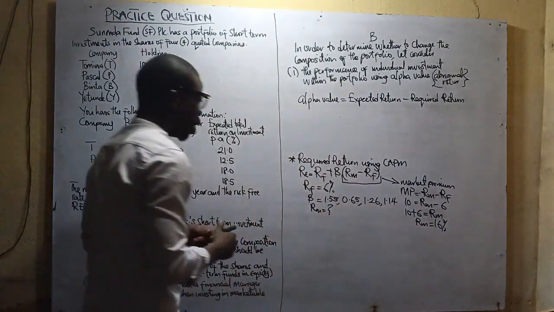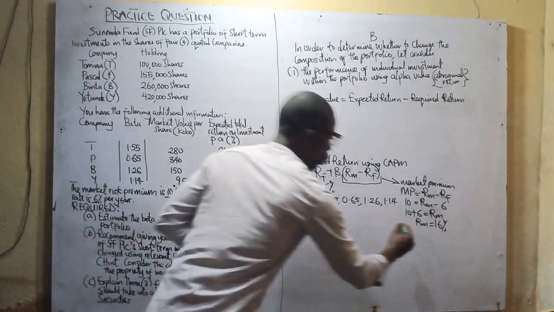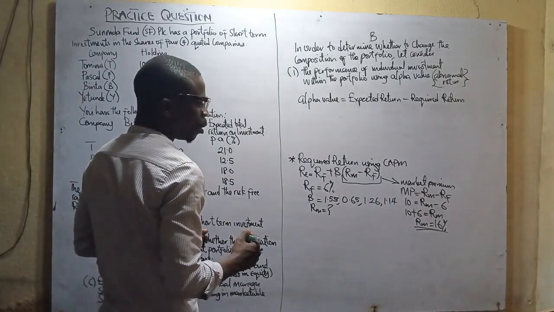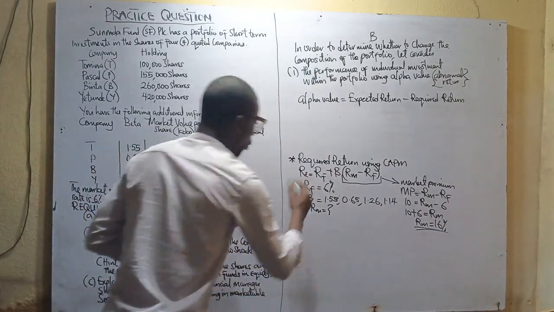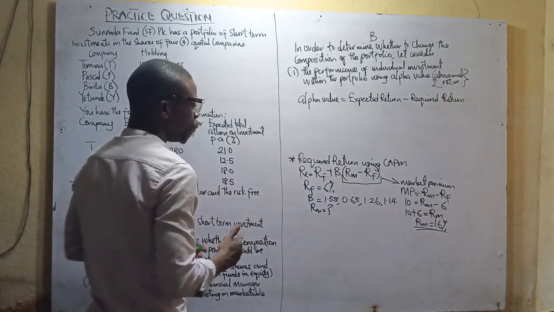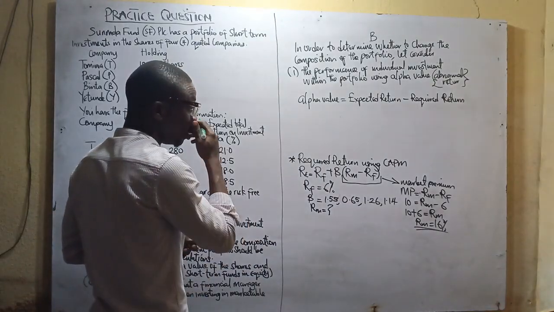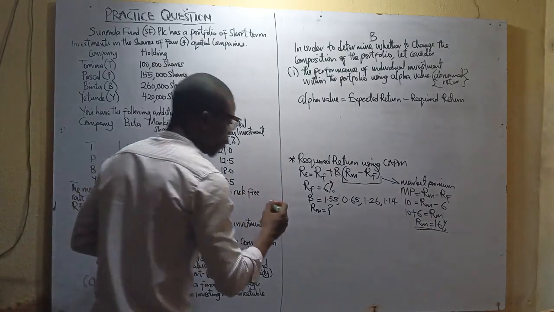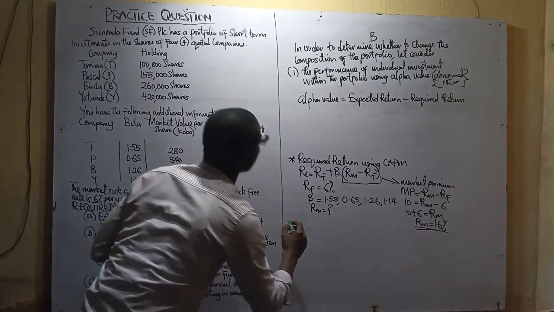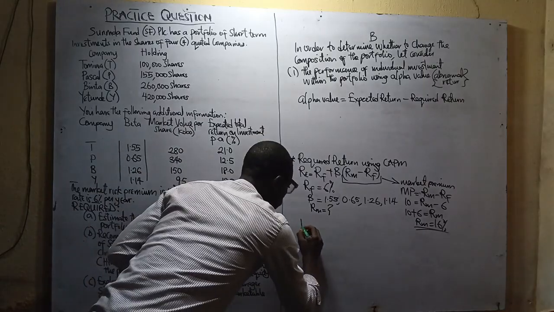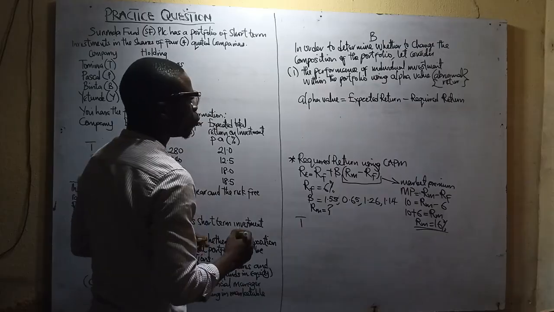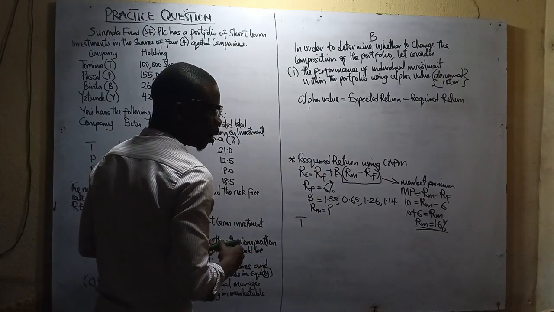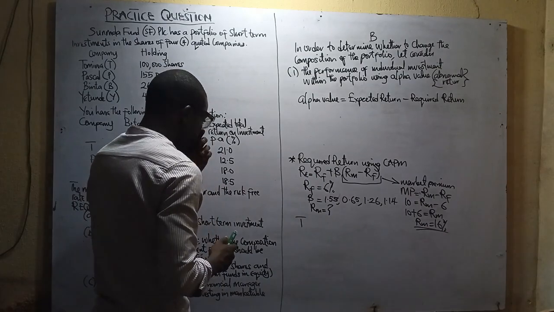Let me explain. Now, since we have calculated the return of our market, let's calculate the required return for the individual investments. Let's calculate for T first. For T is equal to, what's our risk-free rate?